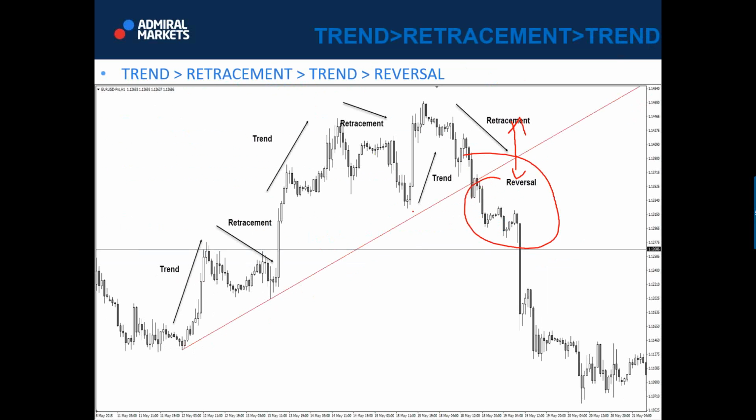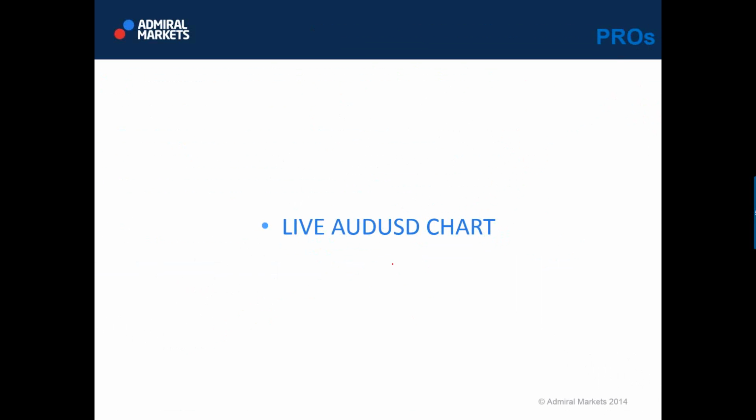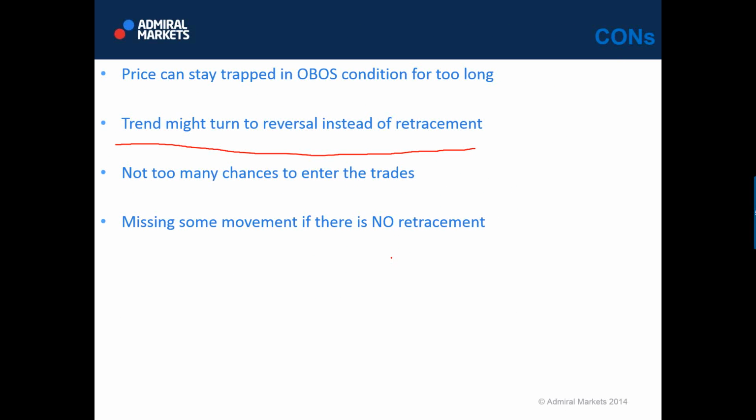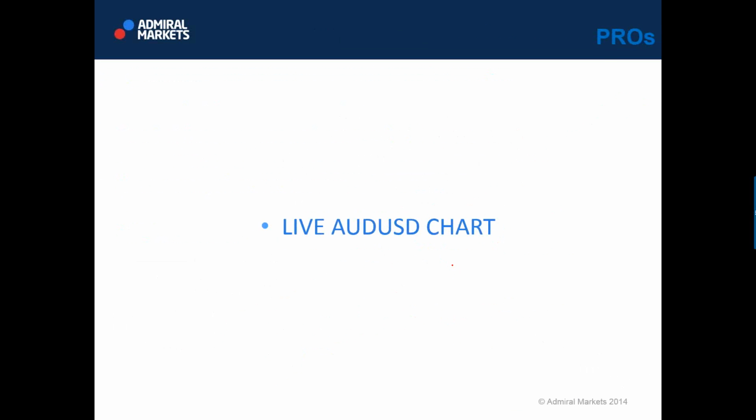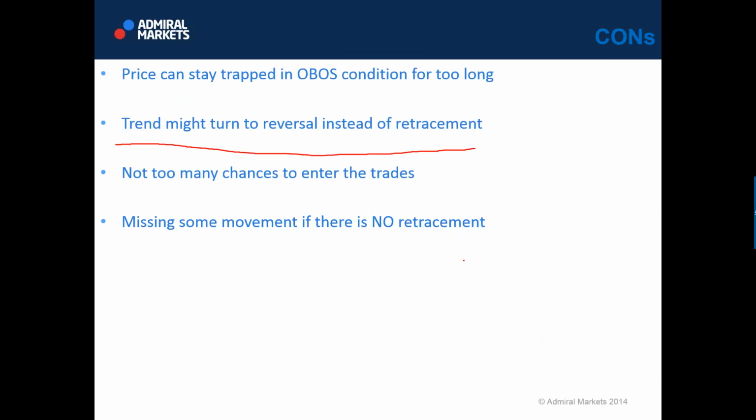For example here, it can just go down and make reversal, but it doesn't happen always. It happens when trend is too strong, and definitely we need to see a trend end, and then we have reversal. But we need to analyze the chart before we know that it's a reversal time.